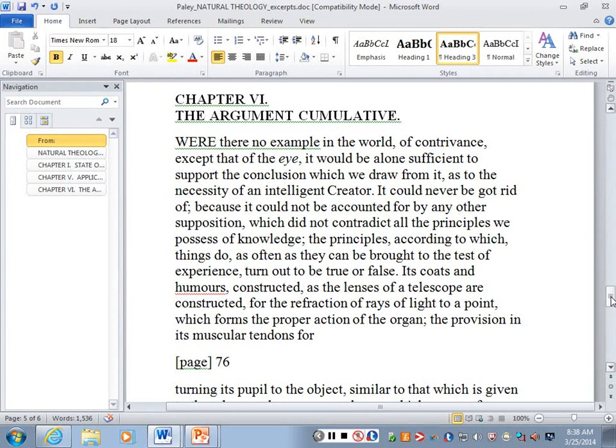And so now he looks at something like the eye and he says, well, the eye, like the watch, has parts that work together to fulfill a purpose or function. So there's the premises, right?